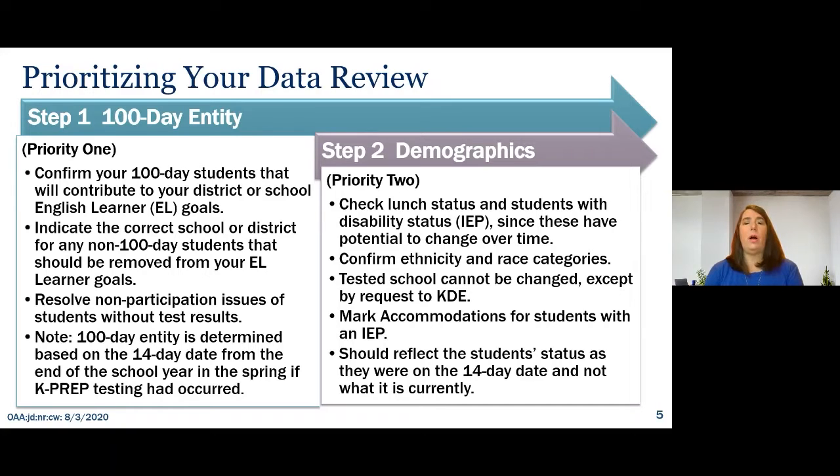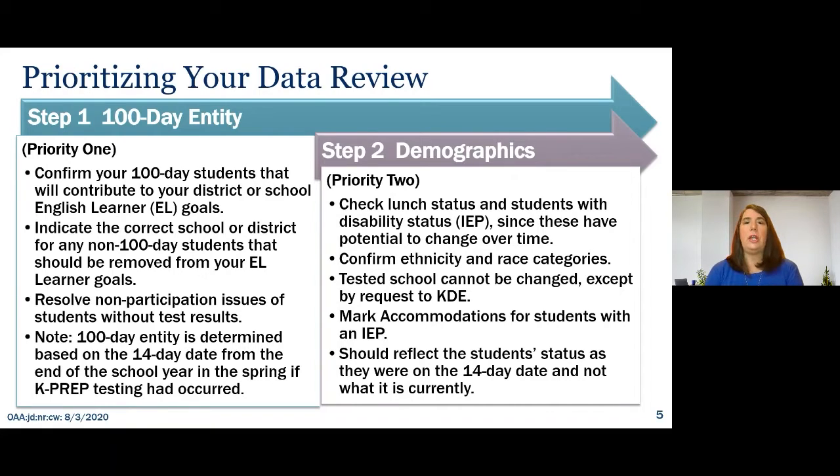For the demographics, always make sure they reflect what they were on the 14-day date and not what they are currently in Infinite Campus. So make sure that during data review, all demographics are current.